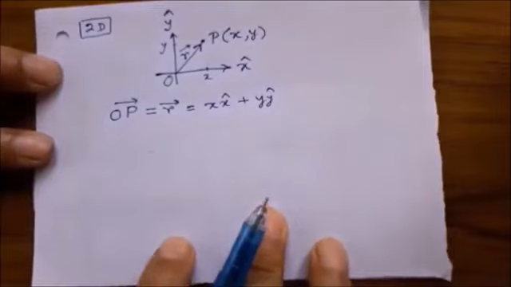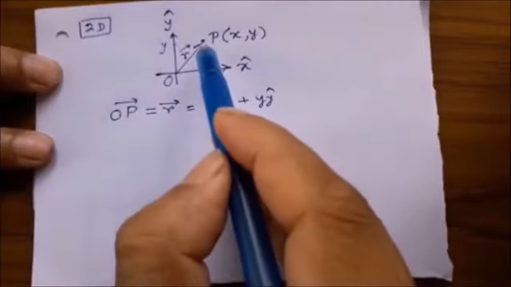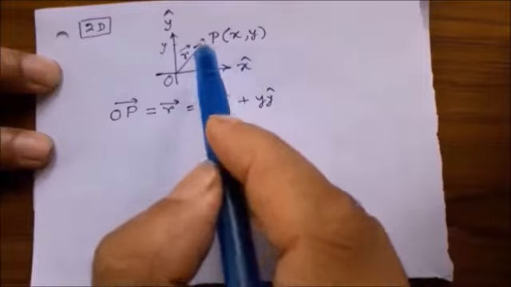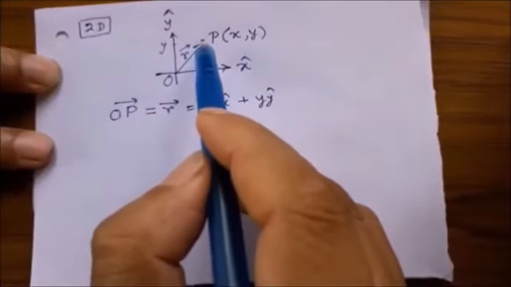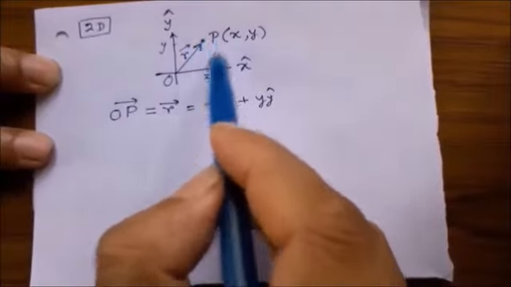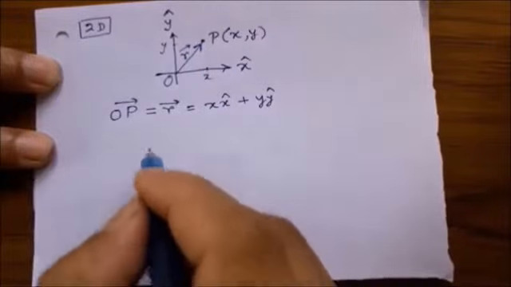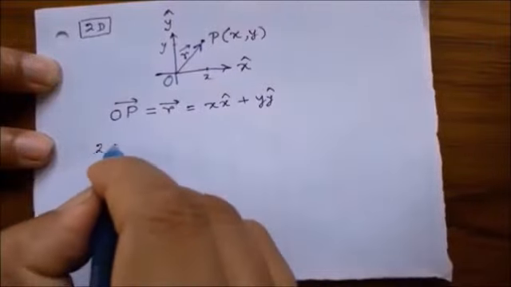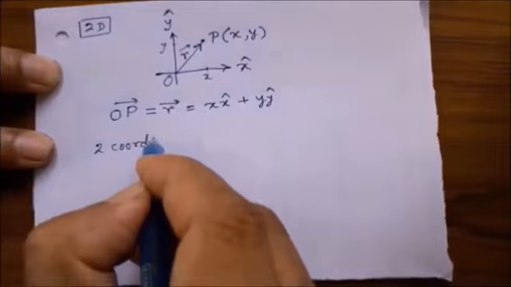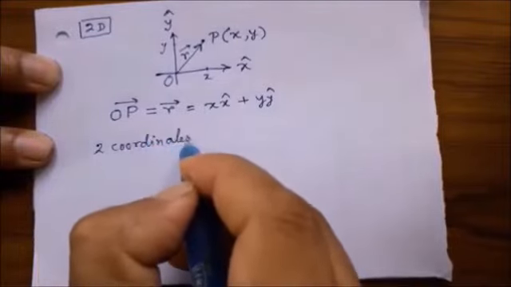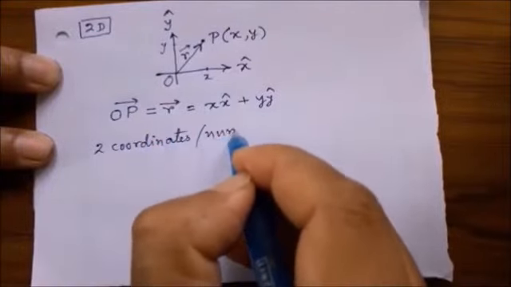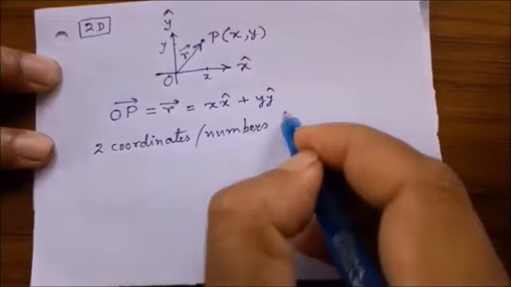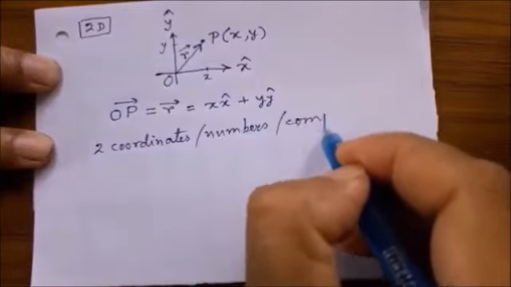Now how many coordinates are needed to describe the point P? To specify any point in 2D space, for instance this point P, we need two coordinates. Or two numbers or two components.